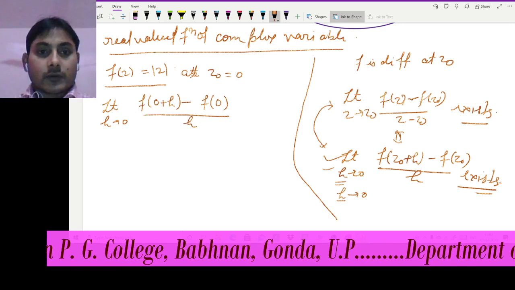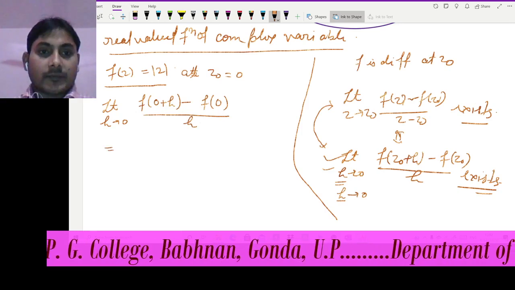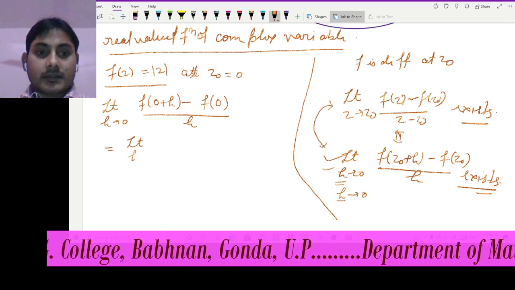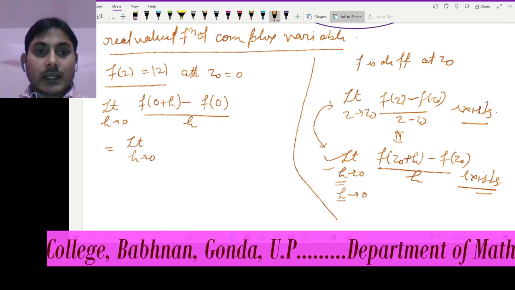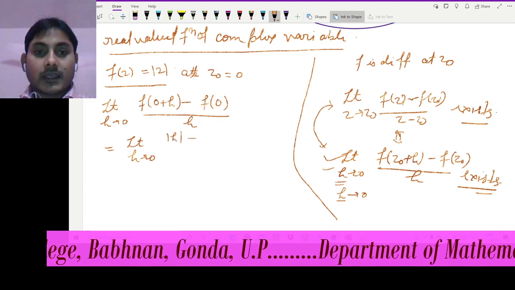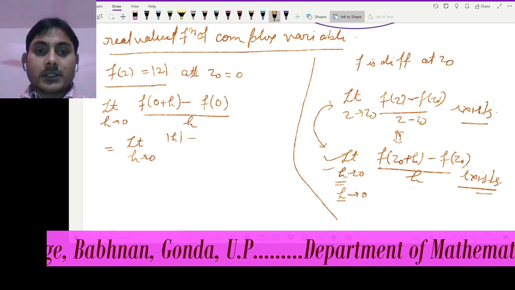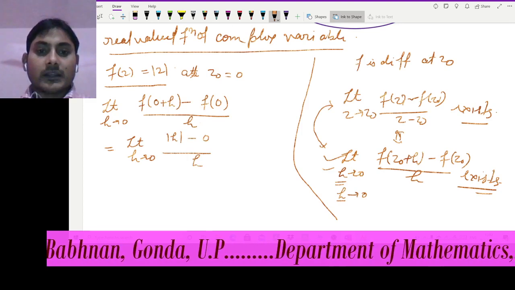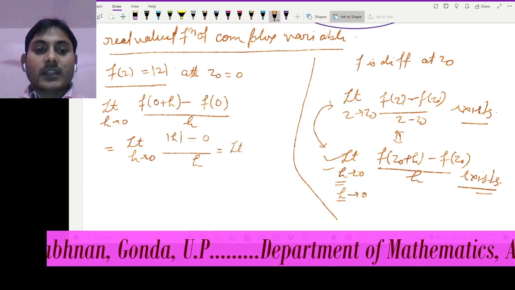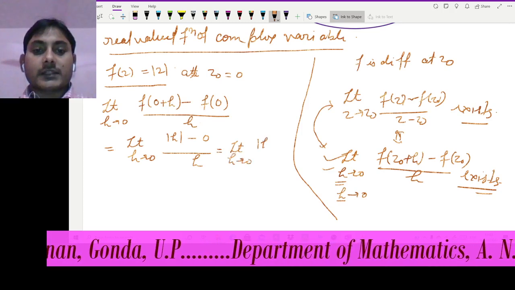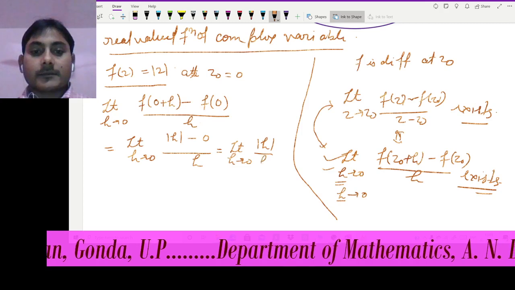So use the definition of f. It gives the limit h tending to 0 of mod h minus f of 0, means modulus of 0 is 0, upon h. So finally you get the limit h tending to 0 of mod of h upon h.